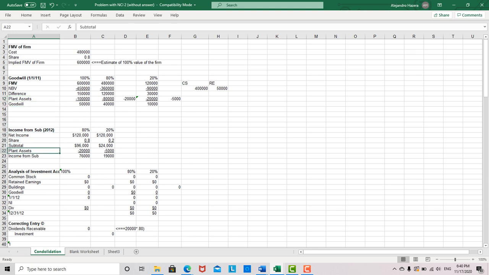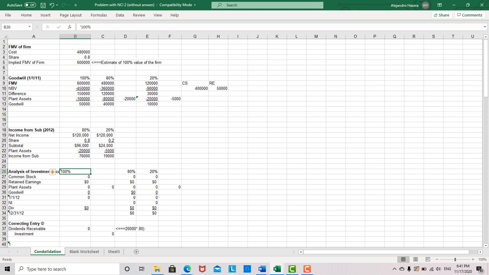And that's where I get buildings, which really should be plant assets. Call them whatever you want, it doesn't matter. And goodwill. So that's where I got the 4 items. If you always do the same thing, pick up the equity items and then just start after the difference, and list down any items that were revalued. That's what might possibly be in the investment account.